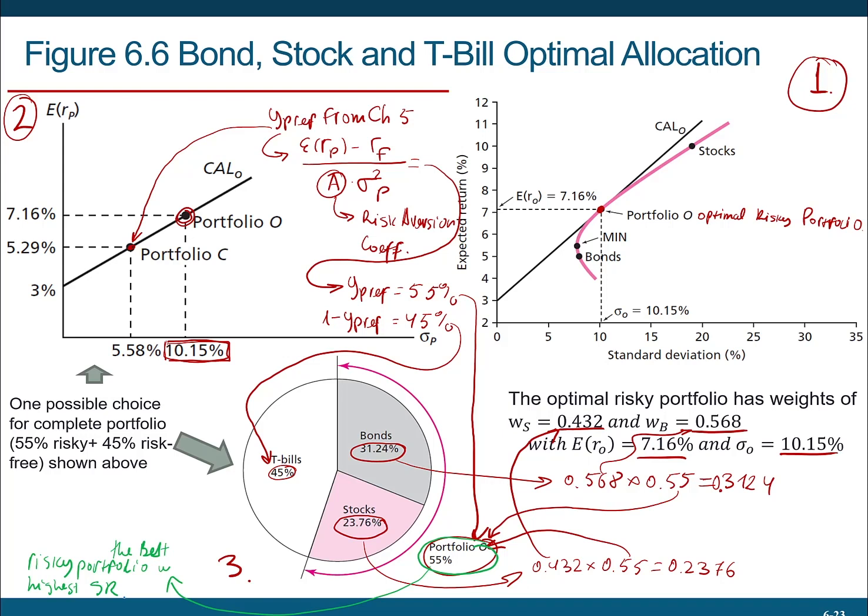I'm going to draw a simple CAL. Here's the risk-free rate. You want asset A, asset B, asset C. Here's a CAL, here's a CAL, here's a CAL. Of course, you want to have the steepest CAL, because that steepest CAL is going to have the highest Sharpe ratio.